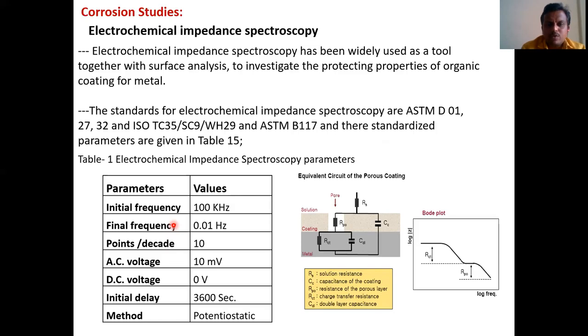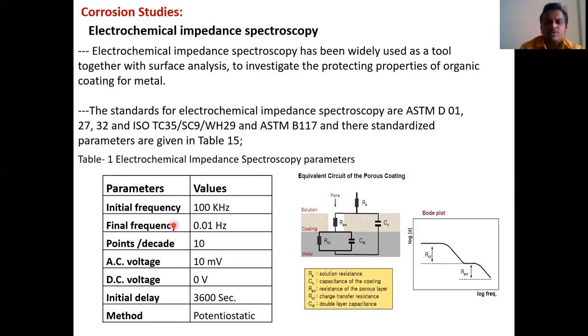Electrochemical impedance spectroscopy has been widely used as a tool together with surface analysis to investigate the protecting properties of organic coating for metal. The standards for electrochemical impedance spectroscopy are ASTM D1127, D1132, and ISO standards, and ASTM B117, and their standardized parameters are given in the table.